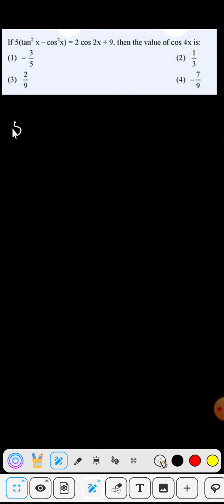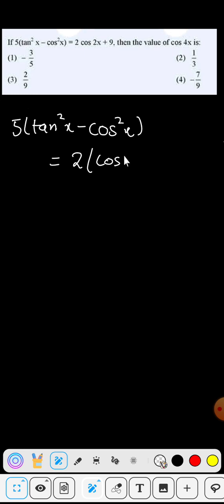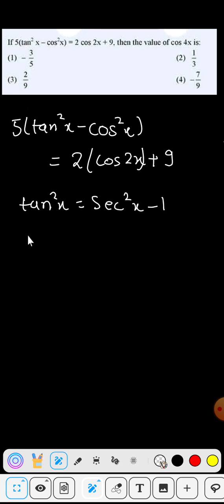So given data is 5 times tan square x minus cos square x equal to 2 times cos 2x plus 9. Now we will break tan square x as sec square x minus 1 and cos 2x as 2 cos square x minus 1.